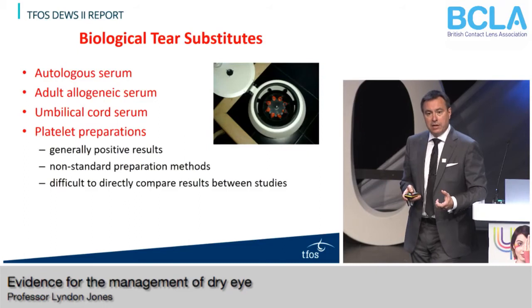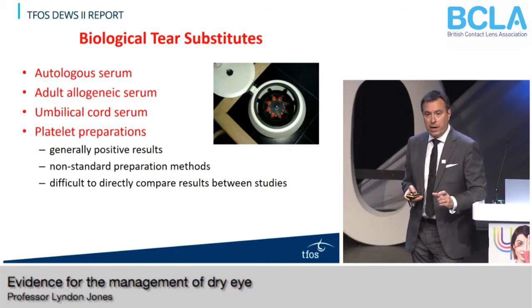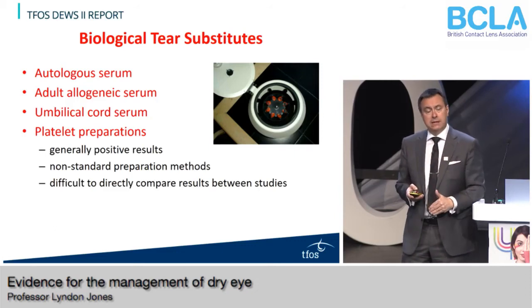There's also a section on biological tear substitutes. We're increasingly becoming aware of the importance of things like autologous serum, particularly in more severe disease, and there's a very nice review overlooking these biological tear substitutes.